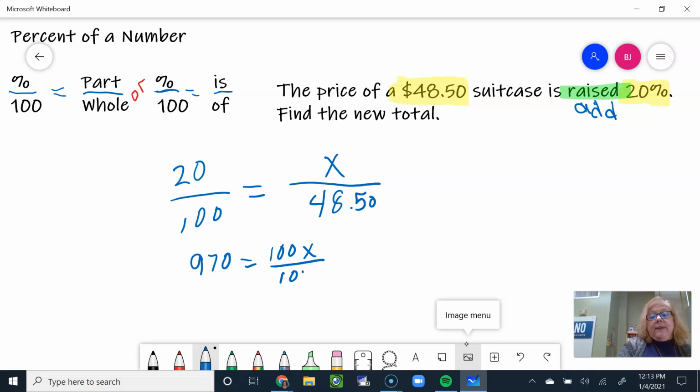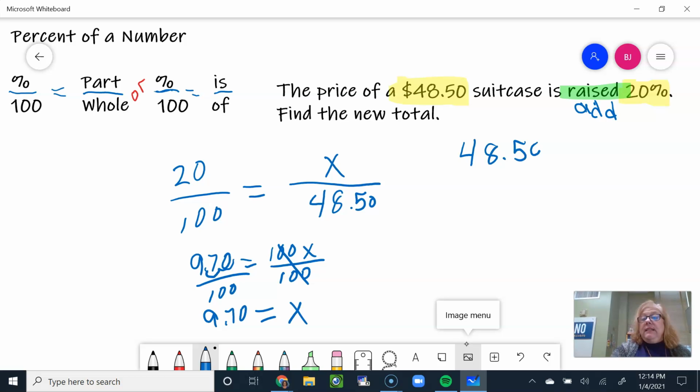Remember, we divide by 100 on both sides. That gives us x equals, there are two zeros, so that means we're going to go 1, 2, $9.70. So if that means we're raising this $48.50, that means we're adding, we would take $48.50 plus $9.70.